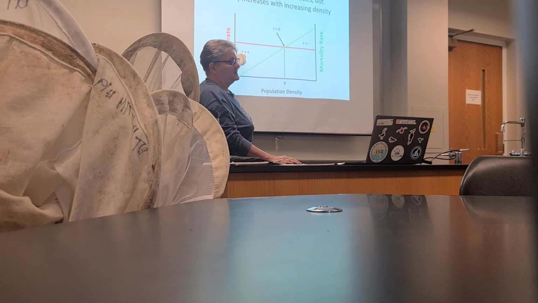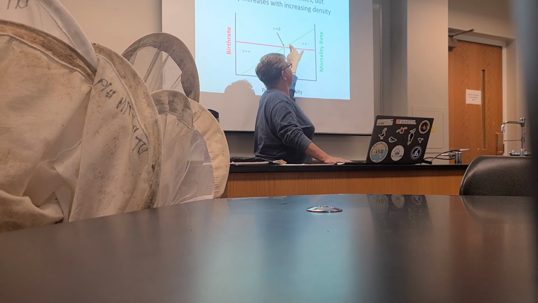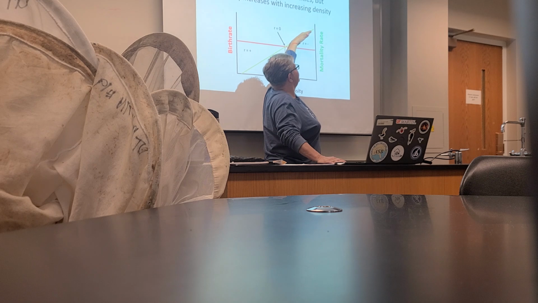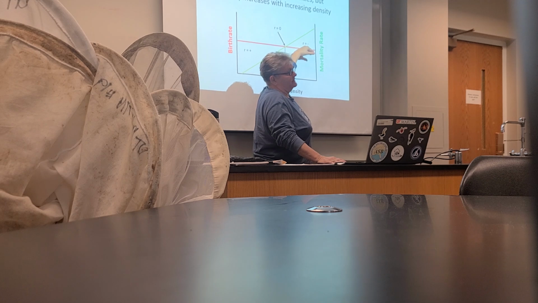We have more individuals being added to the population than being removed from the population in this triangle. On the other side of our carrying capacity, in this triangle right here, our mortality is now higher than our birth rate, and that means that our growth rate is going to be negative.